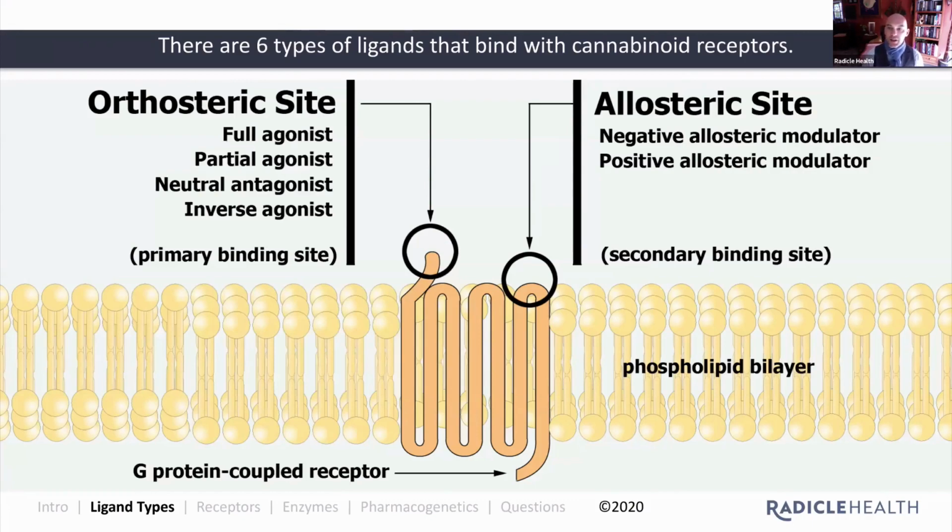I just want to note about this illustration before I move on that I have identified 2 places on the G protein coupled receptor where the orthosteric site and the allosteric site are. Don't mistake this for specificity. I'm just identifying 2 random places in this illustration where there might be binding sites. And there are these types of binding sites throughout the protein.